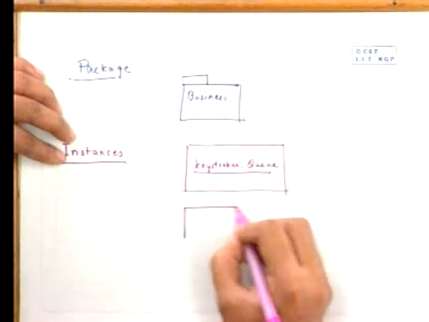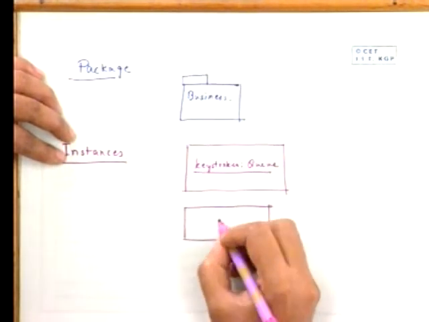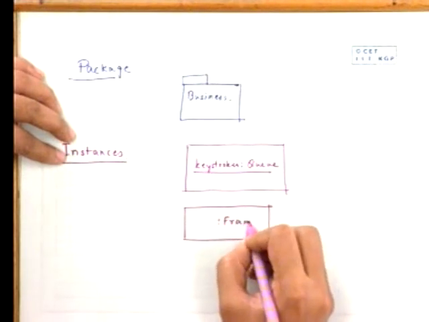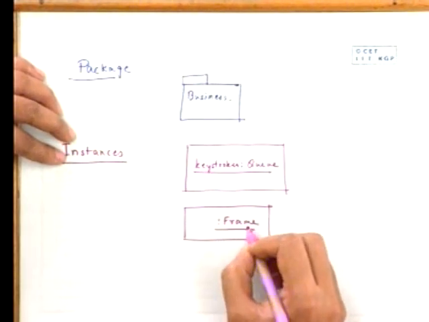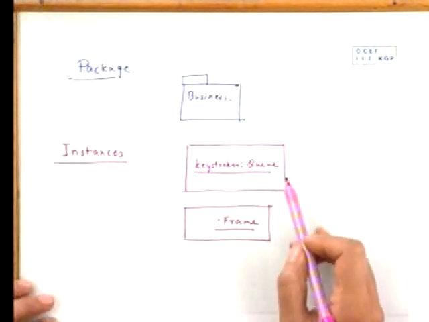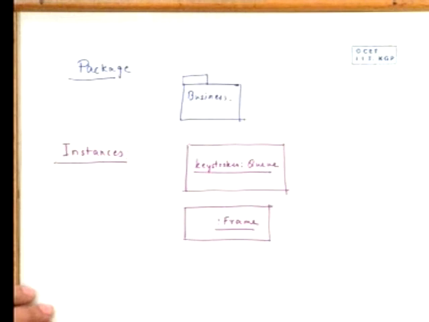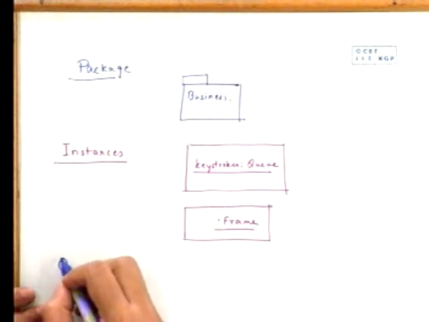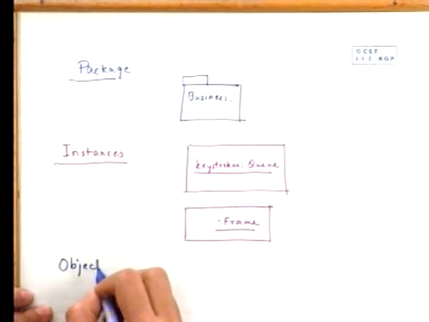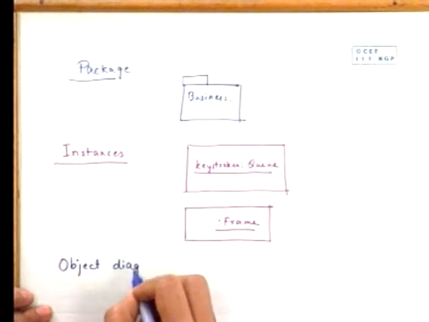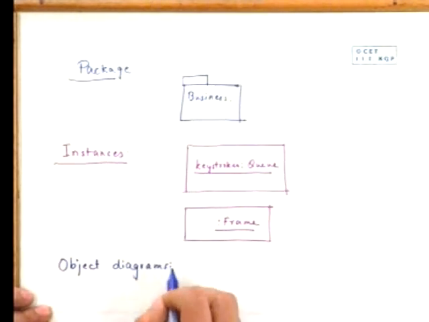We may also have anonymous instances, which is just written as :frame. It's an instance of an object frame. This is a named instance. This is an anonymous instance. We use object diagrams just as we use class diagrams to model classes and the relationships between classes.